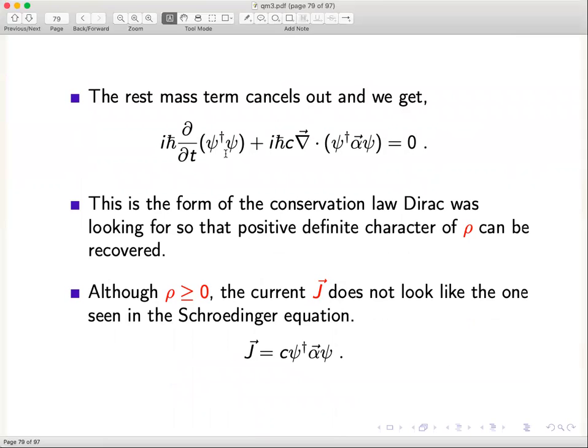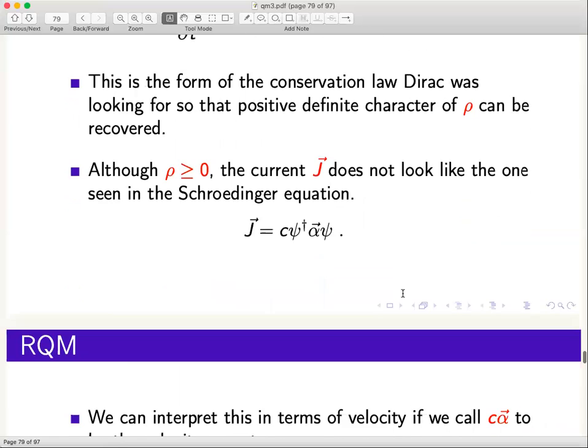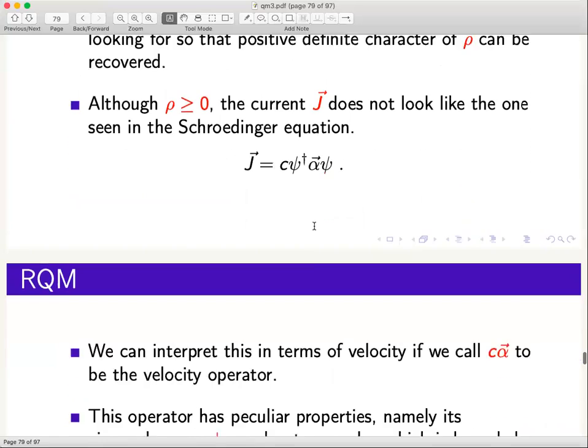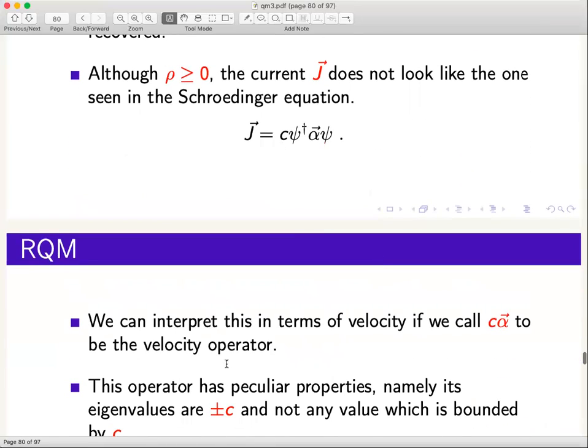Okay, fine. But the current corresponding to this charge takes the form like this, which is c times ψ dagger α vector ψ. And from that, we could interpret c times α vector as a velocity operator.